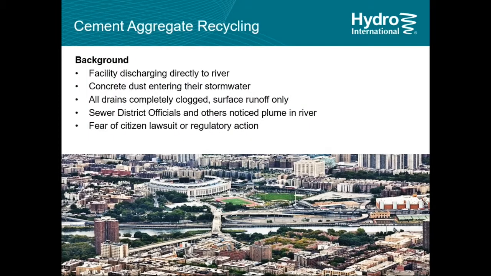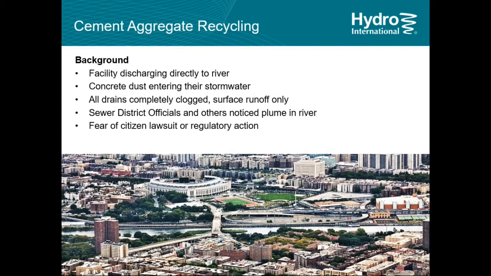The background on this one is, it was a facility on a river in a very congested city. It was cement aggregate, so they had a great deal of concrete dust entering their stormwater. Dust is extremely fine. All the drains were completely clogged, surface runoff only. The sewer district officials, there's a sewer train that goes right by the facility, noticed a plume in the water, and others noticed the plume as well, right in the river.